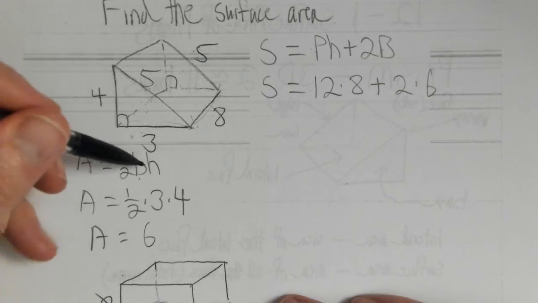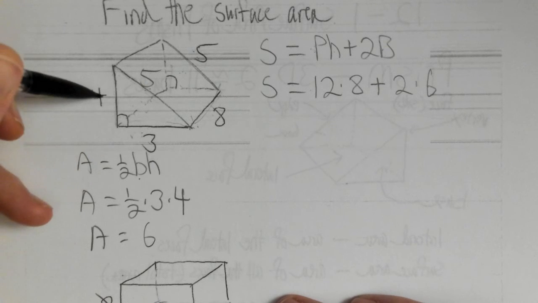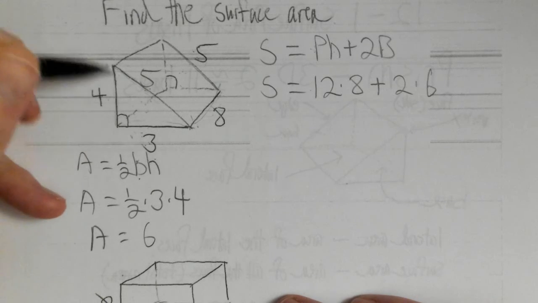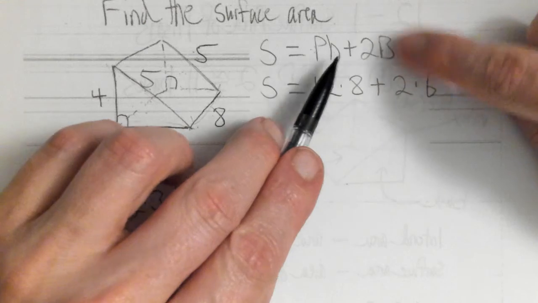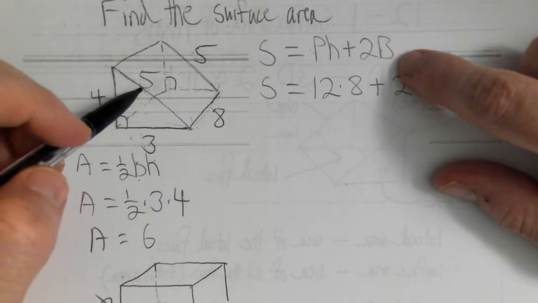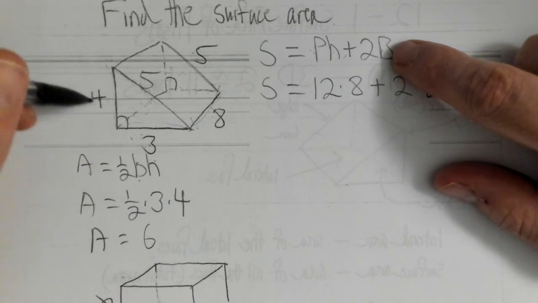Now, let me say something here. This base and height is the base and the height of the triangle, which is 3 and 4. Okay, the base and height of the triangle. This is the base and height of the prism. So the base and the height of the prism is not the same as the base and the height of the triangle.